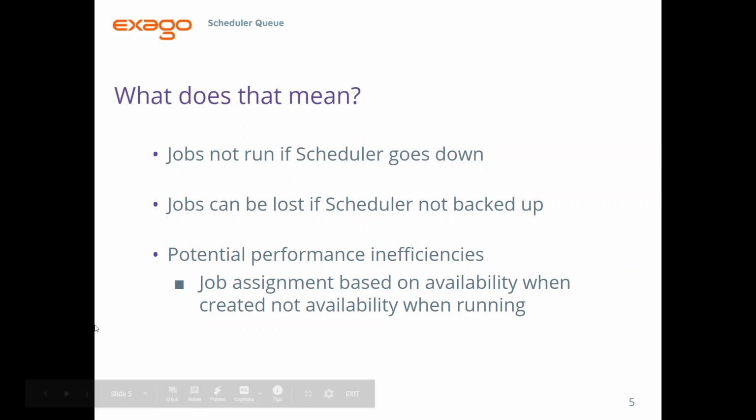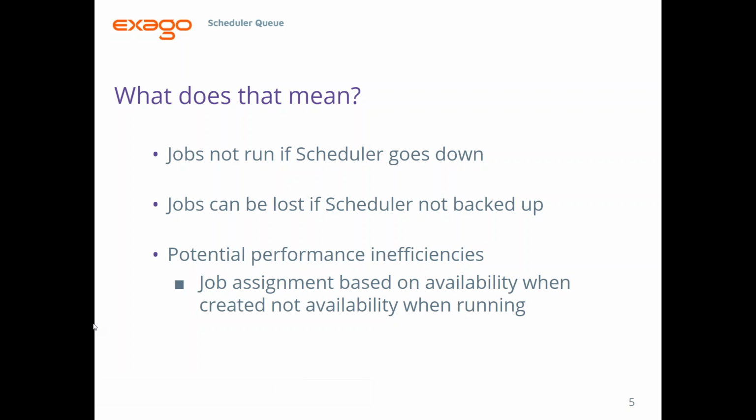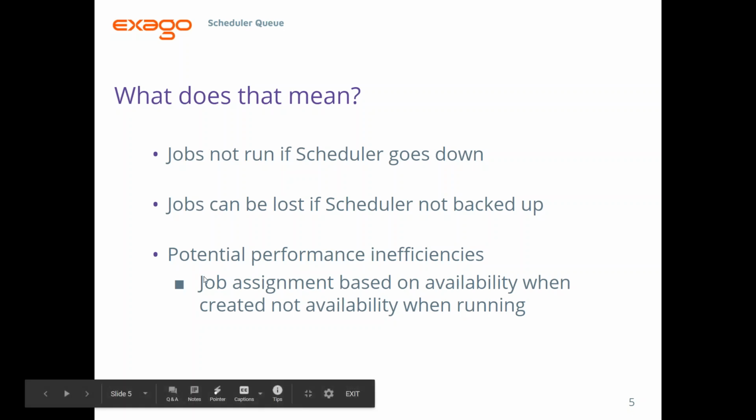Yes, the schedulers should be called. If a scheduler is down while a user updates a report, obviously the Exago web interface can't call that scheduler to say, hey, this report's been updated. So this would be one advantage of using the queue, that you don't have that reliance on the schedules being saved in a distributed way and all of those servers being called and notified when a report is updated.